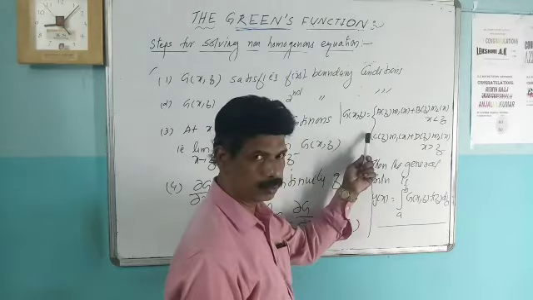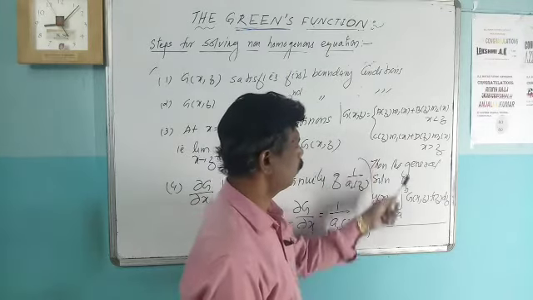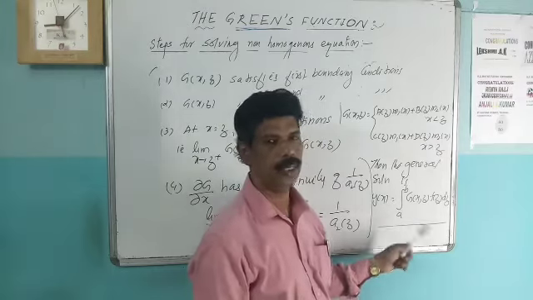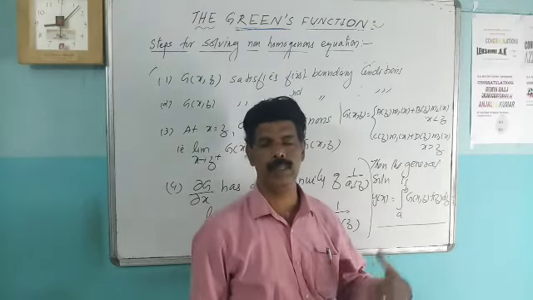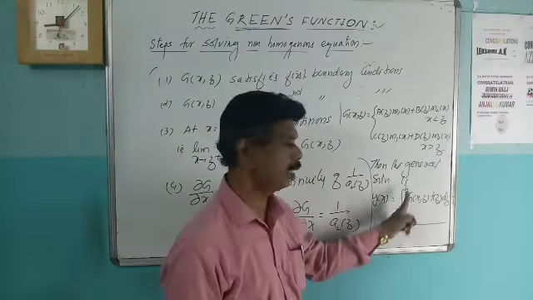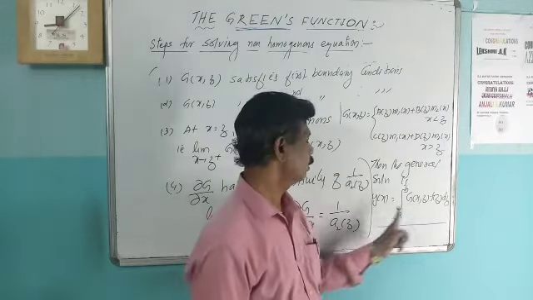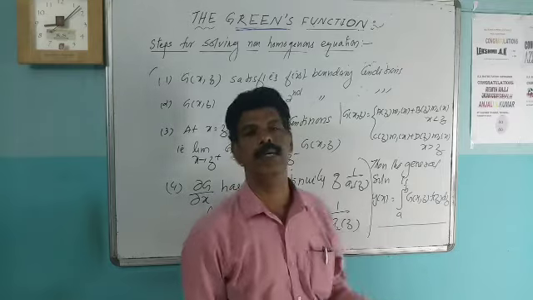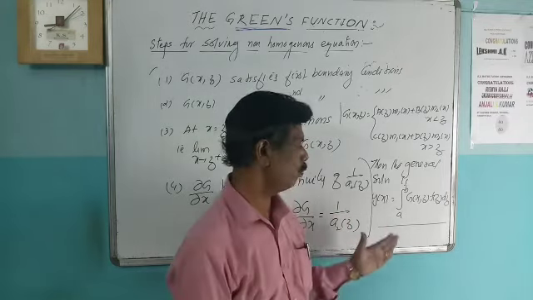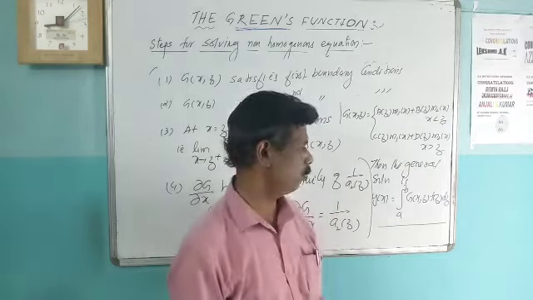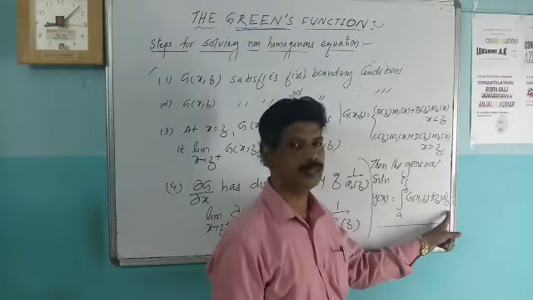After finding the Green's function, you apply it in this equation. A to b means the given upper bound and lower limit. That is the solution of the given differential equation.